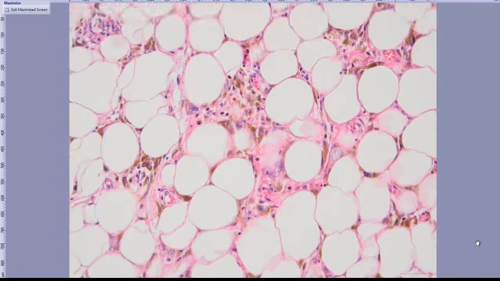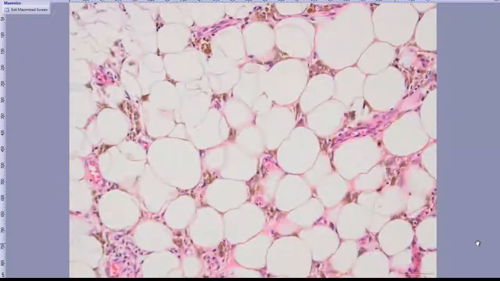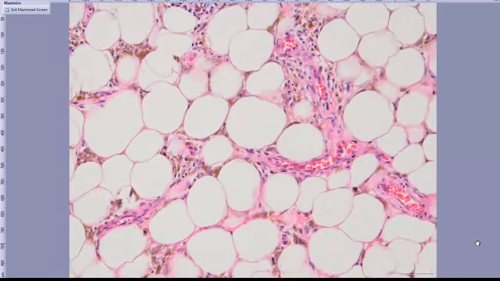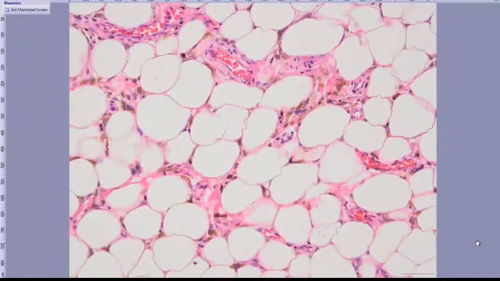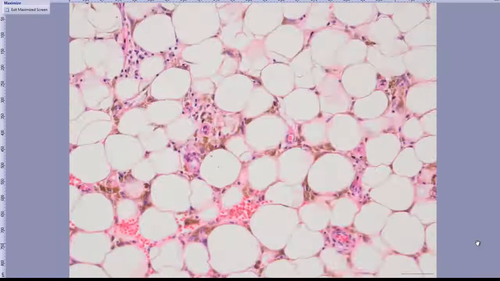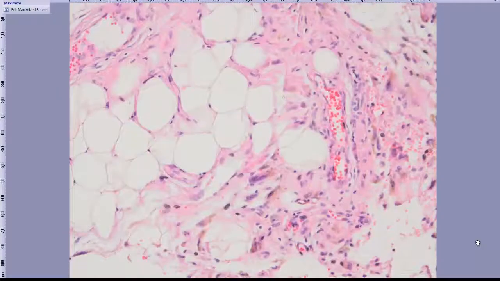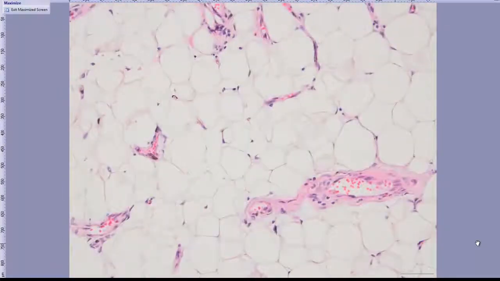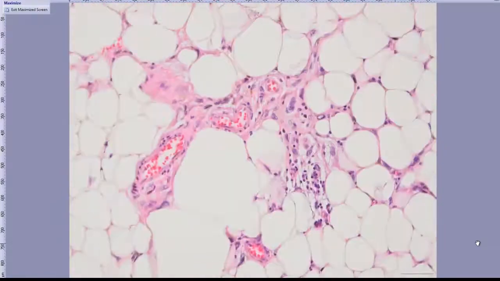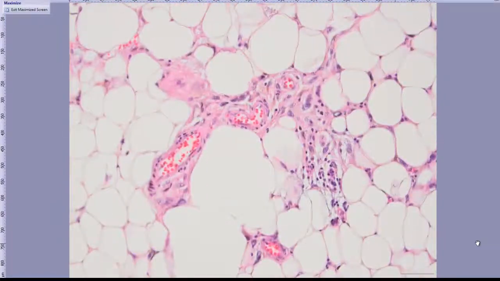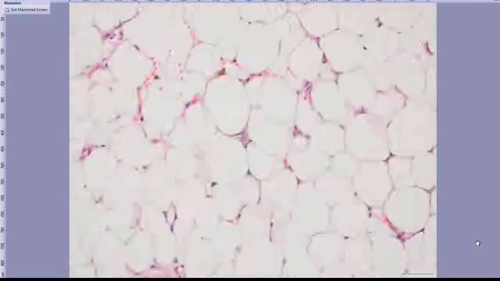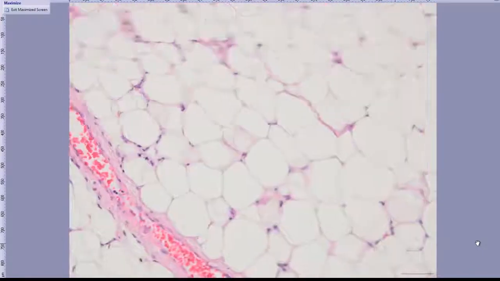deposits are prominent. Again, we don't see too much malignant looking cells, but all we have is the fat and these vessels with hemosiderin.